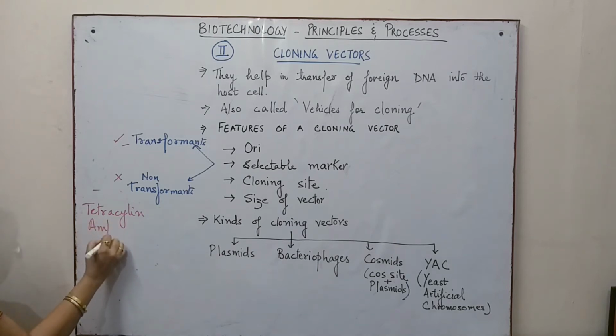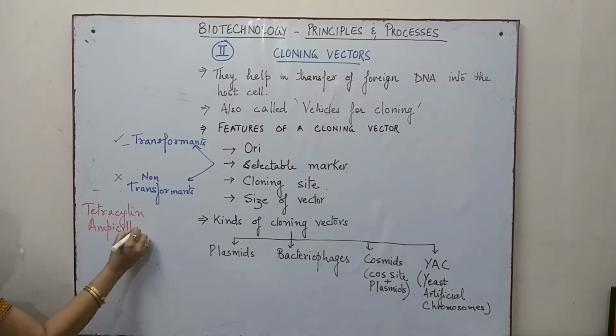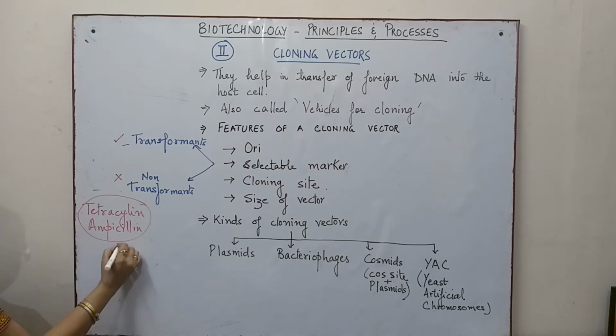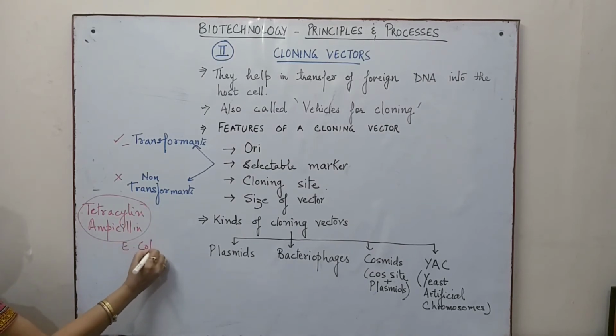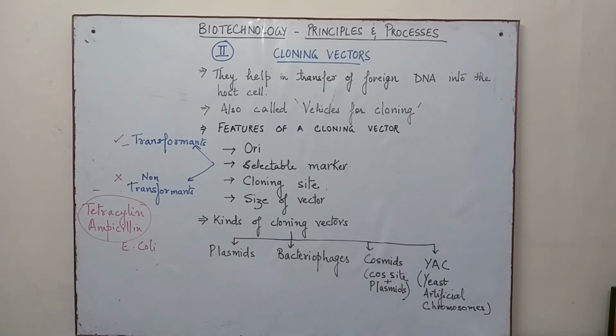These are good selectable markers for E. coli, and they readily help to identify the transformants. Another important reason is that E. coli cells do not carry resistance against these antibiotics. So they are easily taken up by the E. coli and can then be utilized for cloning further.